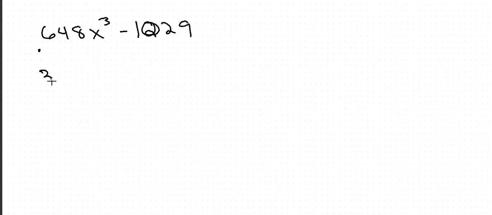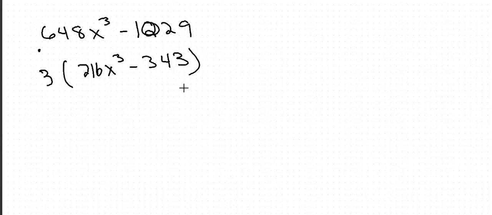So if I factor a 3 out, tell me the two numbers that are left. You would have 216x cubed minus 343. And those are two perfect cubes, right? So what would my A be? Your A would be 6x. And what would my B be? Minus 7.